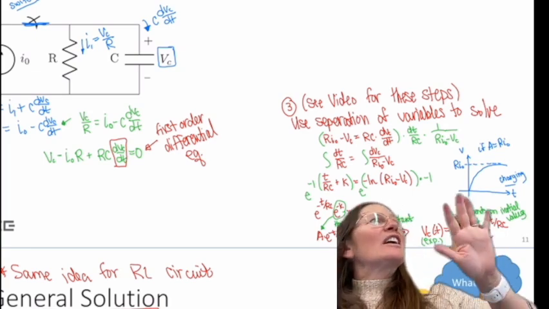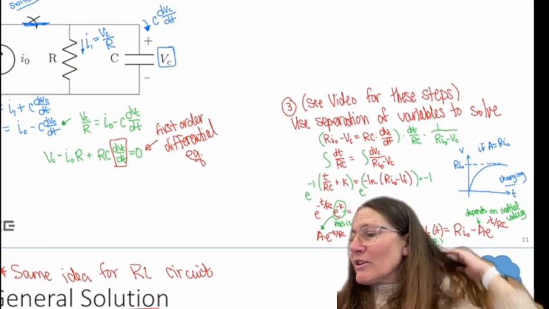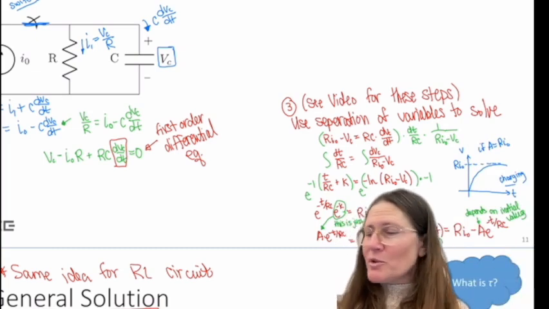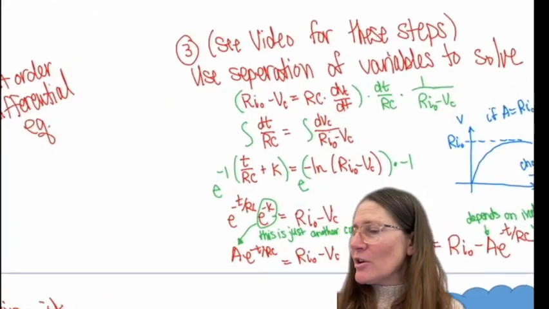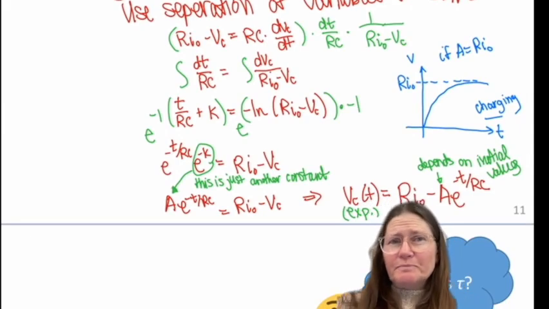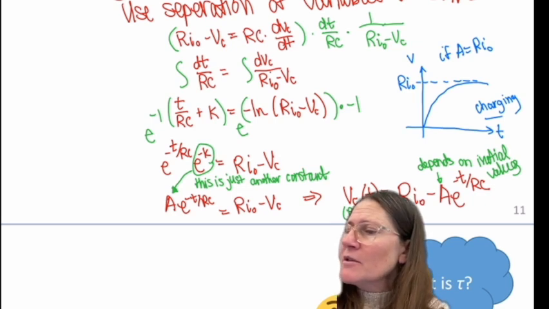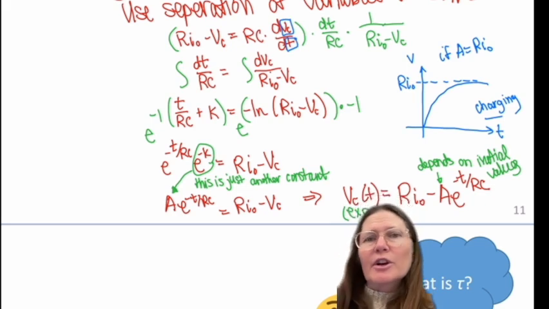There's a video if you want to go through this whole derivation of the separation of variables. The idea of it, though, is that you combine the 2 different variables. Here, VC is one variable and t is the other variable.